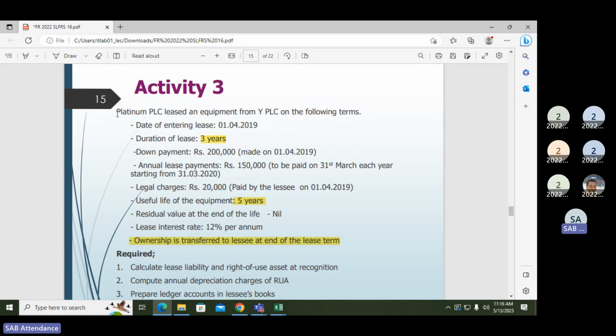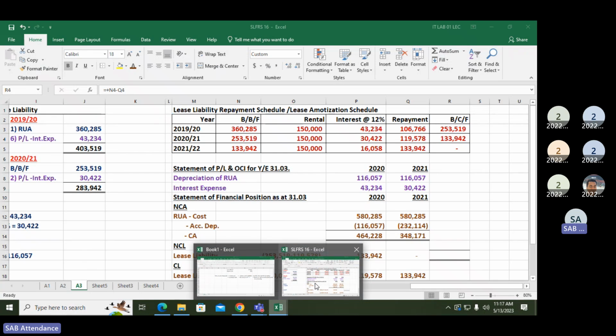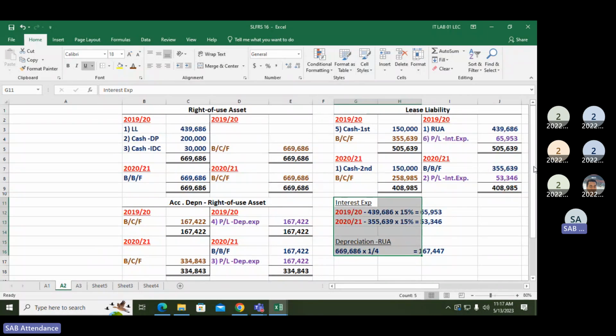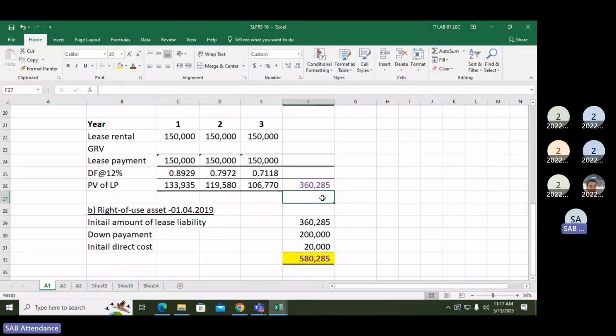Now we are going to look at the accounting treatment in Platinum. Platinum de-recognized the asset. The amount receivable is the 150 into 3 years, discounted. Here we identified the right of use asset. Now this amount is the value that the lessor is going to receive over a 3 year period.